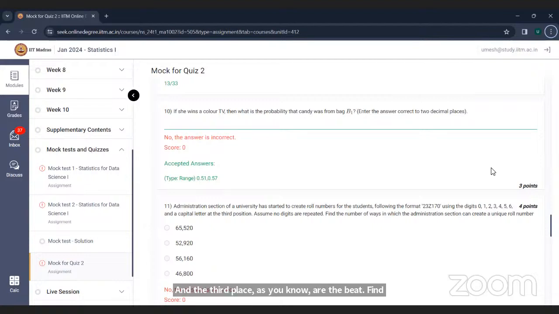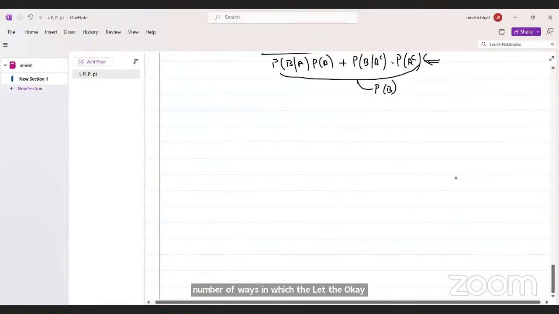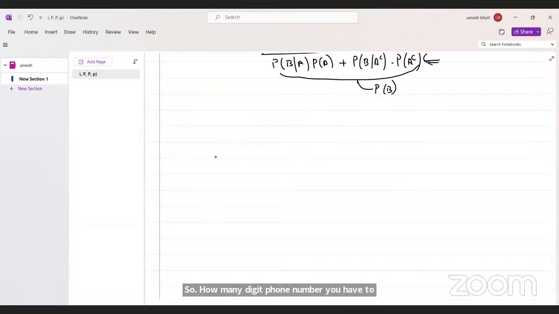Find the number of ways in which the administration can create a unique number. So how many digits does the roll number have? 23Z170, so 6 digits.